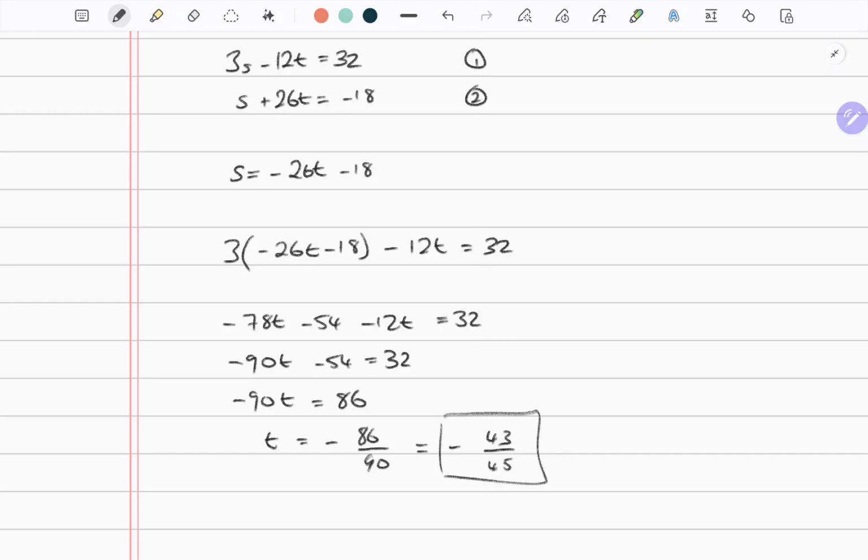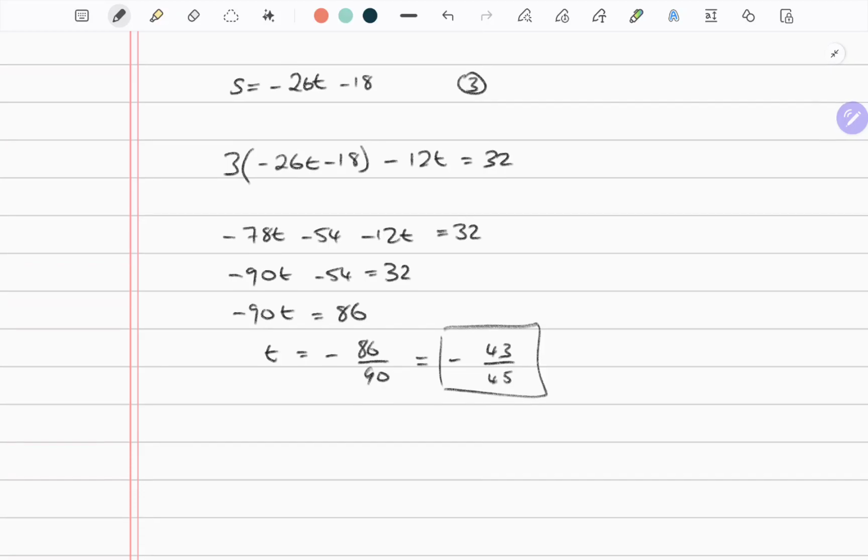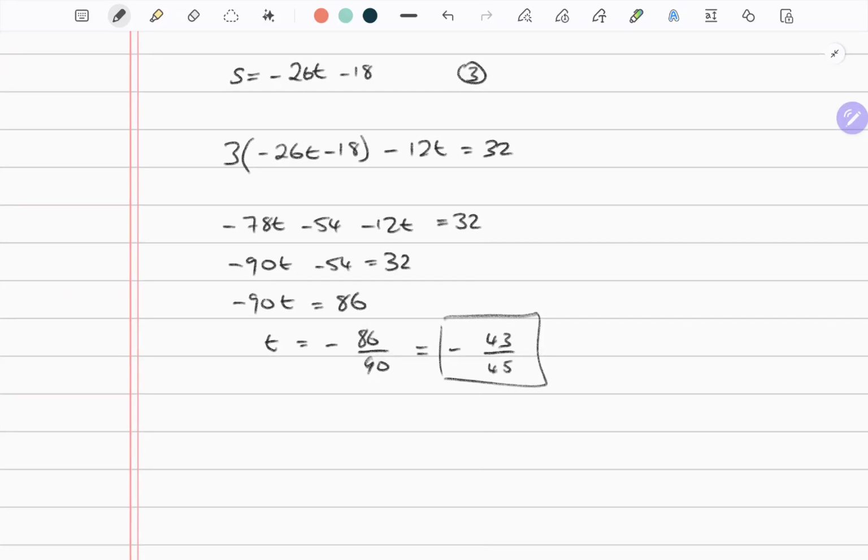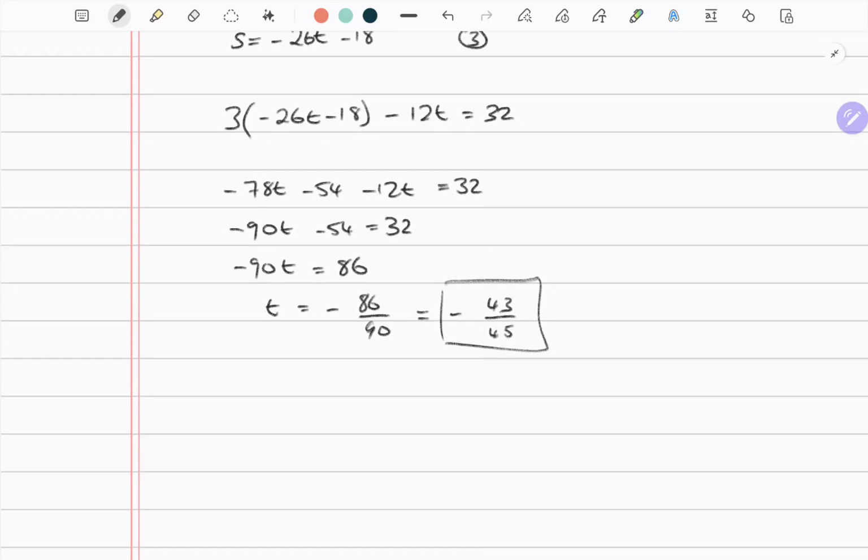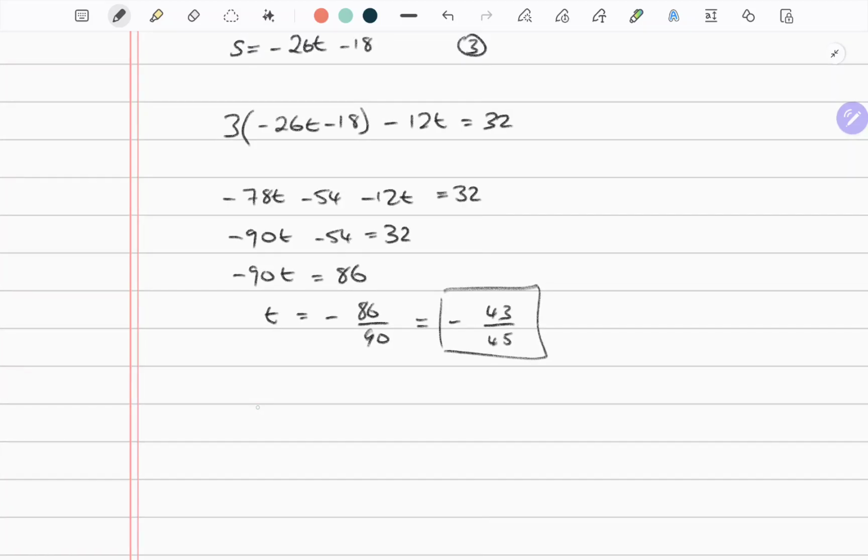What we're going to do then, we are going to substitute that into, I should have labeled this, equation 3. So we'll substitute that value for t into this equation so that we can then find a value for s. So s is equal to minus 26t minus 18.